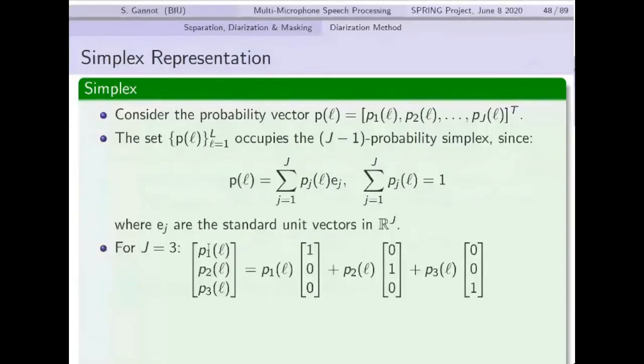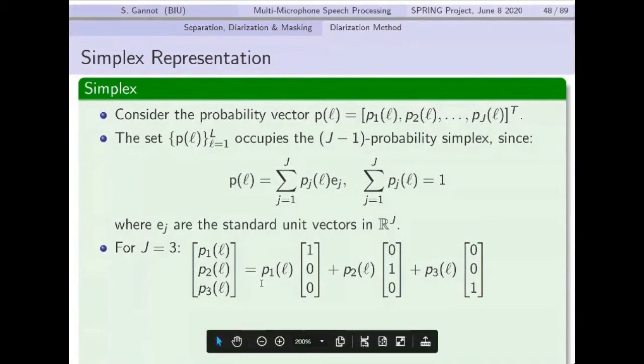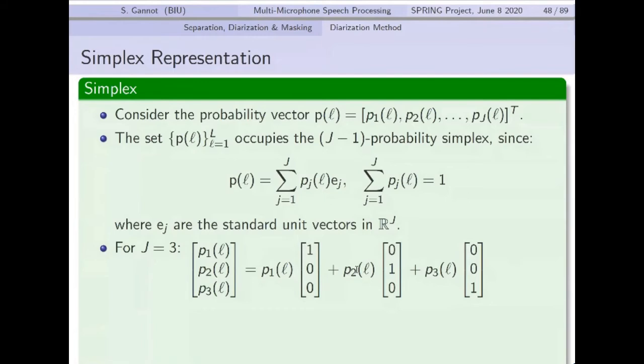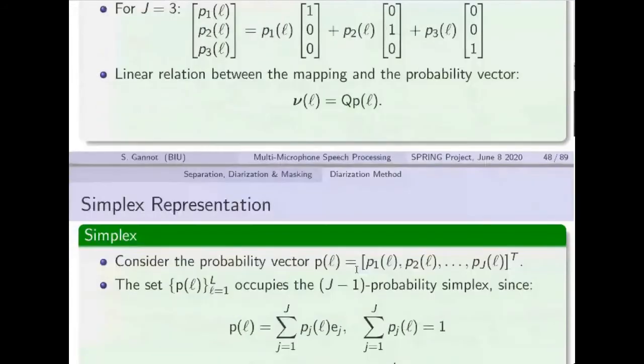So for instance, for 3 sources, P1, P2, and P3 can be written by this combination. The vertices will be dominated by only one of the speakers, and then it is a point or a cloud of points which are dominated by one single speaker, which is important for us for the extraction of the activity pattern. And since they sum up to 1, they form a simplex.